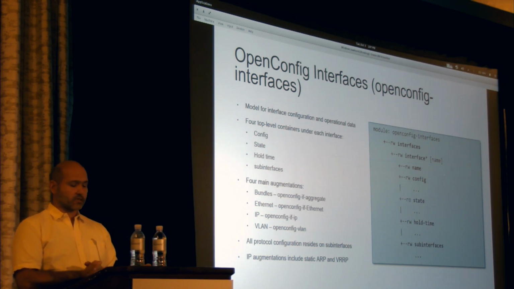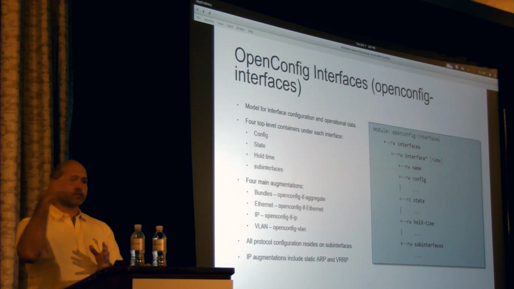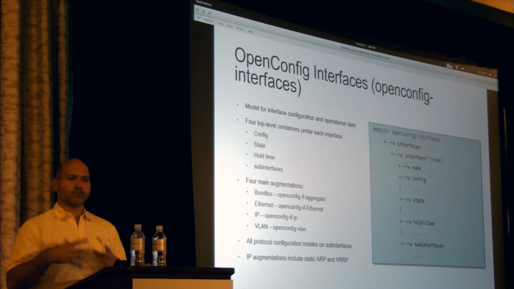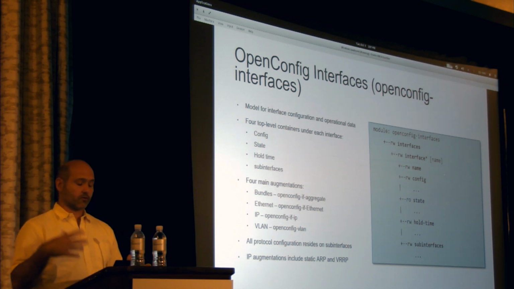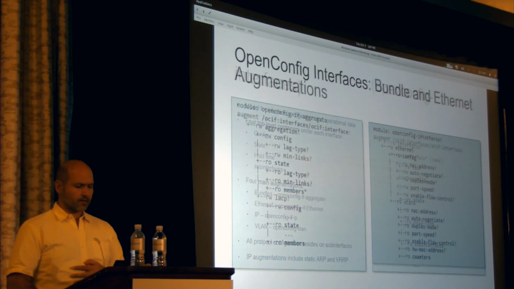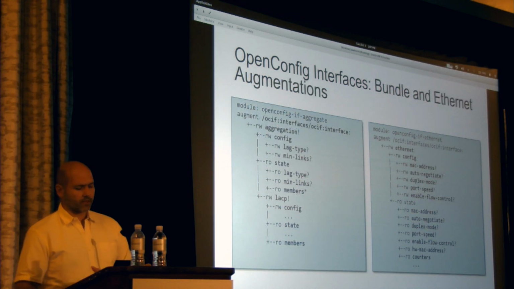But in the same way that BGP has a collection of additional files that either augment or complement the definition of BGP, in the case of interfaces, you're going to see the same approach. There are augmentations for bundles, for Ethernet attributes, for IP, and also for VLANs. And I'm going to touch on some of them.